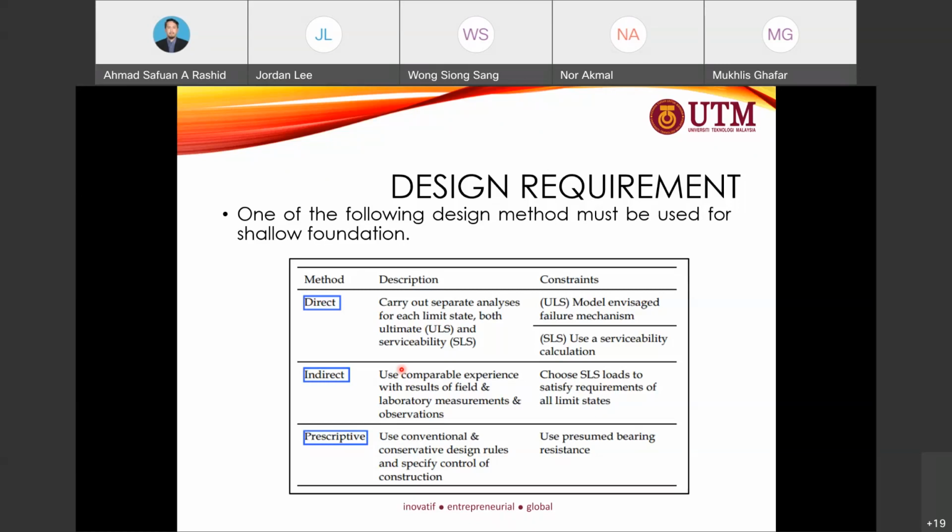So normally in our case, we may refer to the direct approach. We carry out the analysis under ULS and may also include SLS as well.